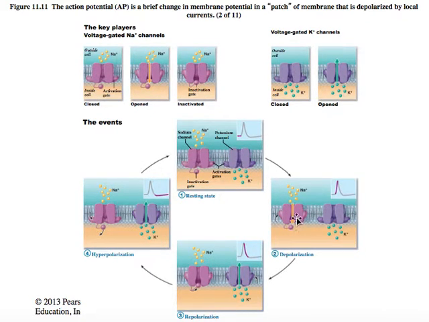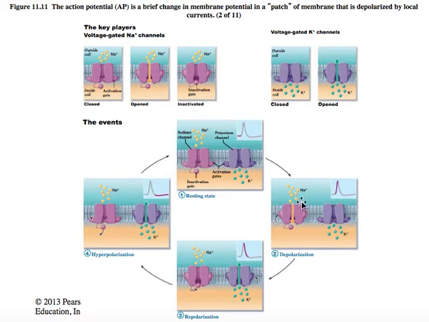In the depolarization stage, the voltage-gated sodium channels open. And remember the reason why they open? If we're talking about the initiation or the generation of an action potential, the reason they open in the first place is because there was a reversal of membrane potential, where all of a sudden you had a depolarization flowing into the axon hillock from the dendritic region or from the soma, and that change in membrane potential caused this initial state to change.